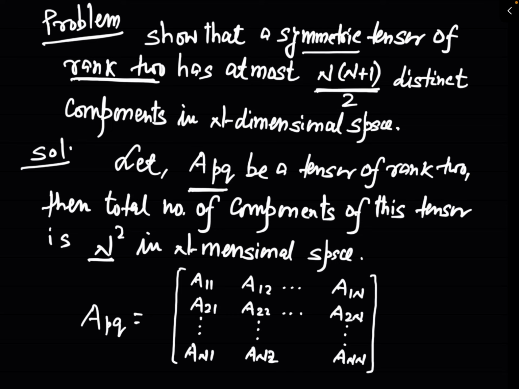Now see the diagonal components. You can see these are A11, A22, A33, and similarly Ann. Actually, these are n independent components. It means these indices are never repeated. So there are n independent components, and those components are A11, A22, A33, and so on.